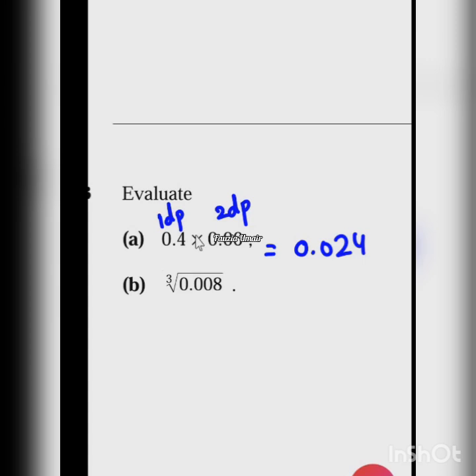Right? That is the rule of multiplication of decimals. Ignore the decimals, multiply the numbers, and put the decimal back in the same decimal place. Same decimal place का क्या मतलब है? If this is one decimal place, this is two, then the answer is three decimal places.